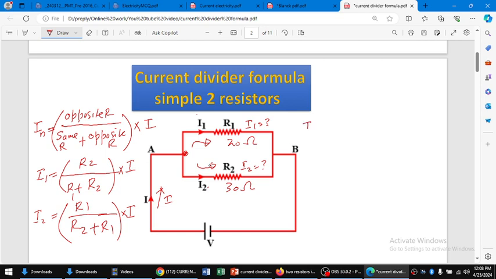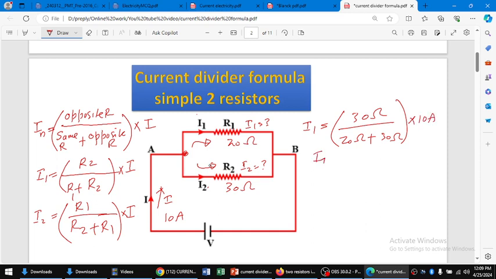In order to solve I1, we use the opposite resistance, that is R2, 30, divided by the same resistance R1, that is 20, plus the opposite resistance again, 30, and we multiply with the total current I. Suppose the total current from the battery is 10 ampere.